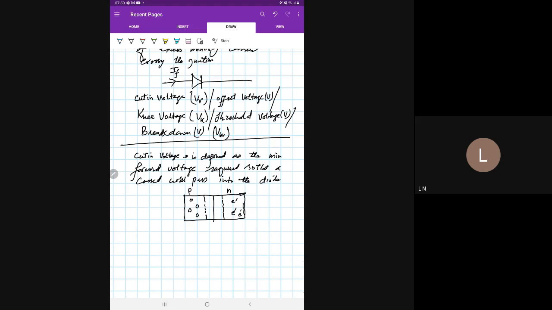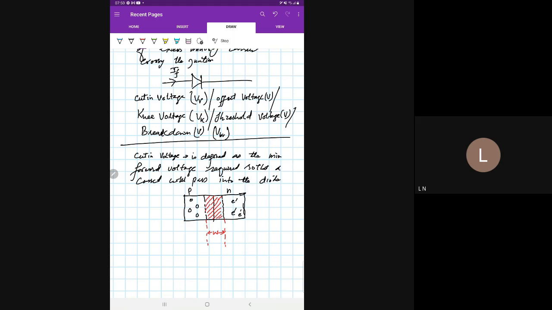And we said that that region, or that barrier, is known as the depletion region. And we know that the depletion region width is given by W, and holes cannot cross this depletion region very easily. And electrons, on the other hand, from the right hand side, cannot cross this depletion region very easily. There is a barrier kind of thing.